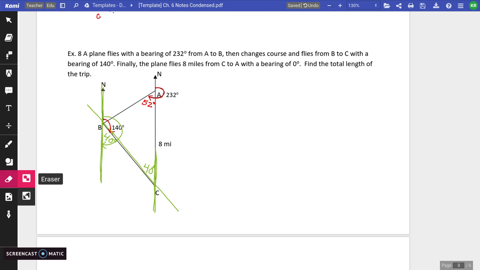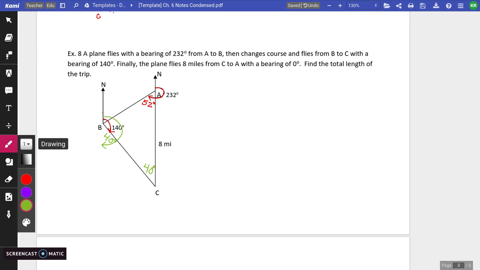Okay, let's get some of these extra lines out of the way. Okay, I'm going to keep that one. All right, so 40 degrees at C, 40 degrees this angle here at B. And okay, so now with the 52 degrees and the 40 degrees, we have 2 of the 3 angles.